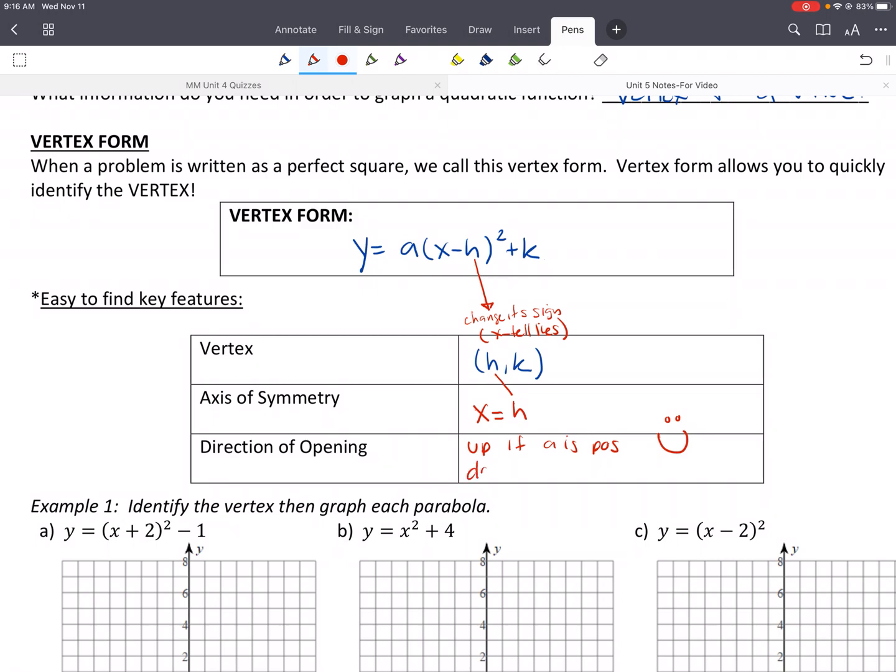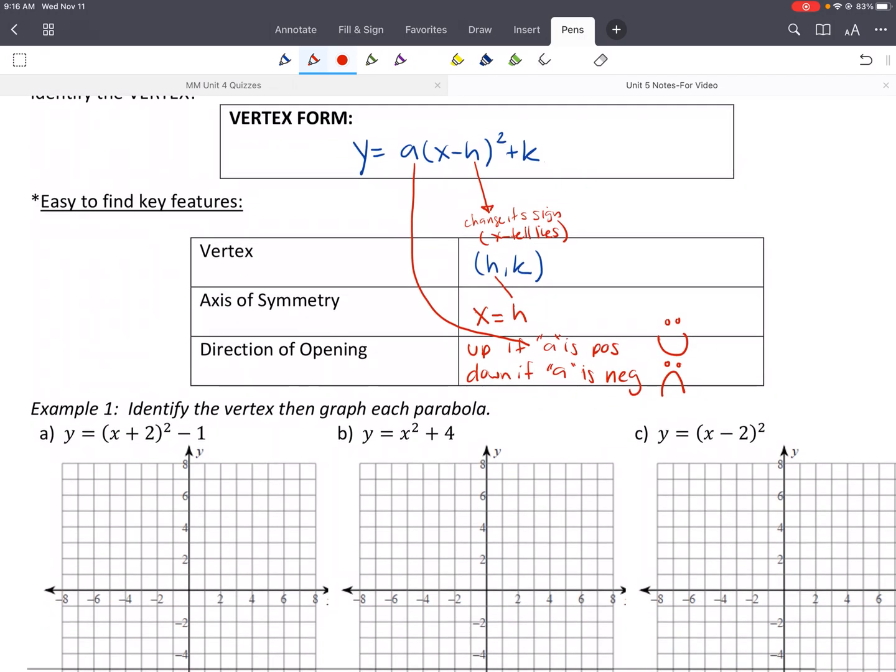And it's down if A, the leading coefficient, is negative. So you'd be kind of sad: concave down, or facing down. Direction of opening is down. Those are the key features we can find really easily: vertex, axis of symmetry, and the direction of opening.